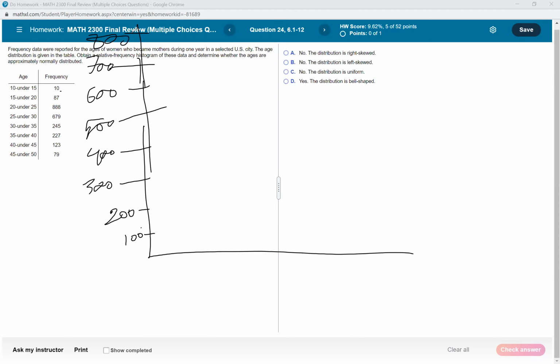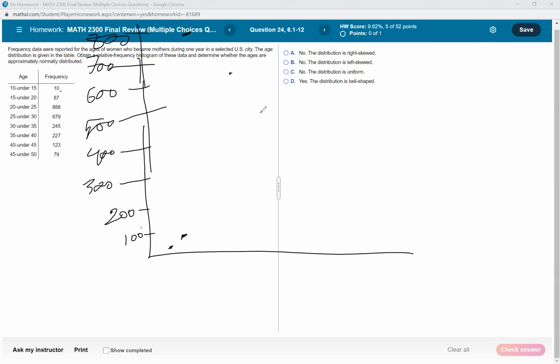For the first one, the height is 10, so it will be here. The second is 87, somewhere here. The third is 888, so it will be here, even above this point. The next one is 679, which is here.